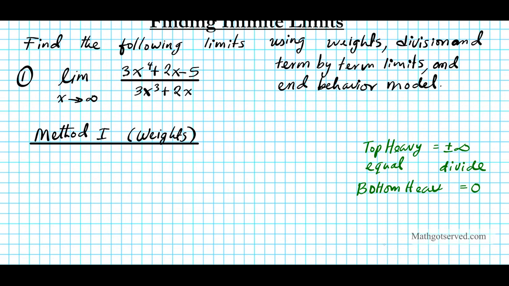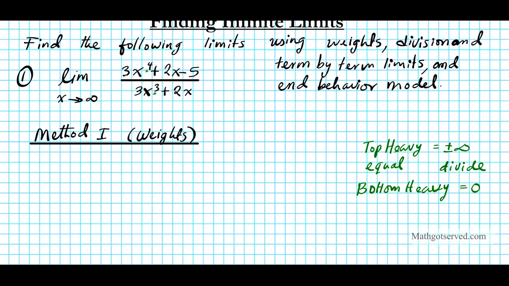So what is the weighting of this rational expression? The biggest exponent on the top is x to the fourth, the degree of the numerator, and the degree of the denominator is the third, because that's the biggest power in the denominator. Since the biggest power on the top is bigger than the biggest power on the bottom, it's classified as top heavy.